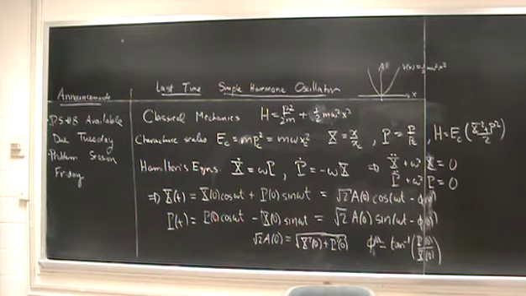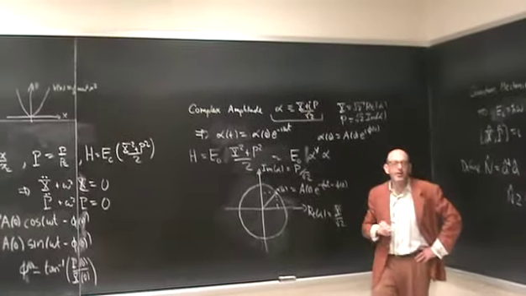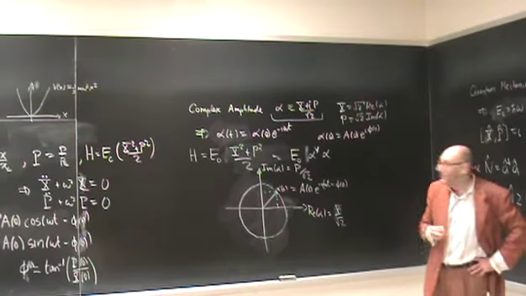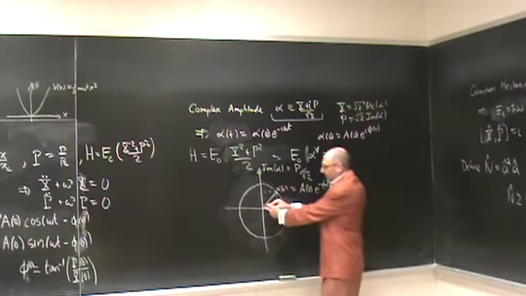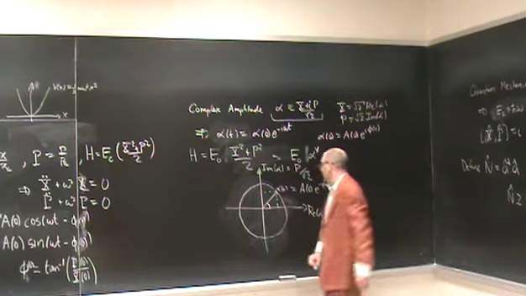Either I talk about it in terms of real and imaginary parts, or I talk about it in terms of the polar representation of that phasor, right? So if I have a complex number, here's my complex plane, it has a real and imaginary part. Those real and imaginary parts are the x and p variables. Or equivalently, that complex number has an amplitude and a phase.